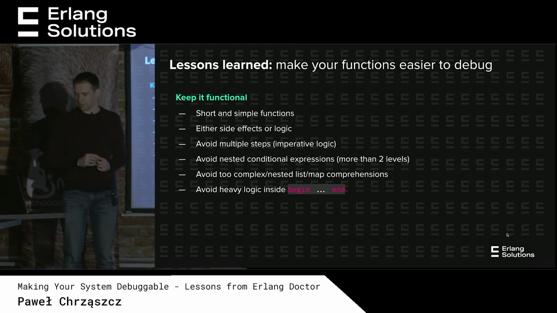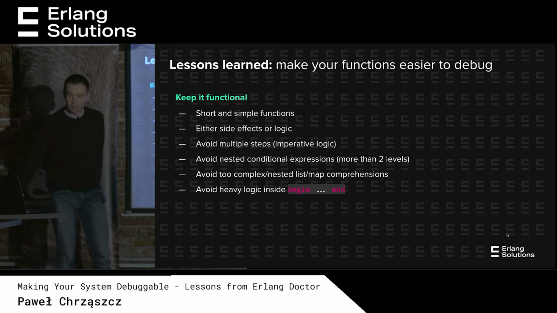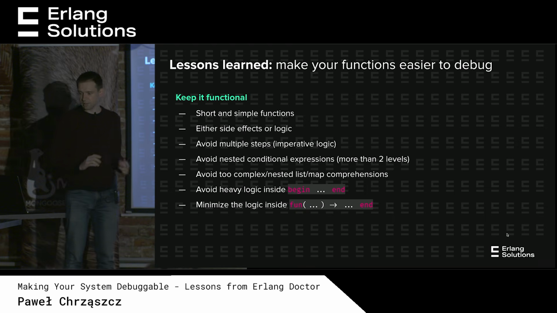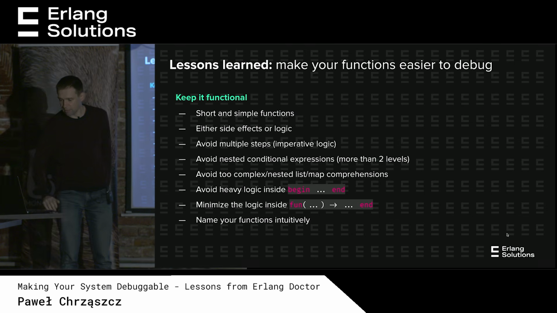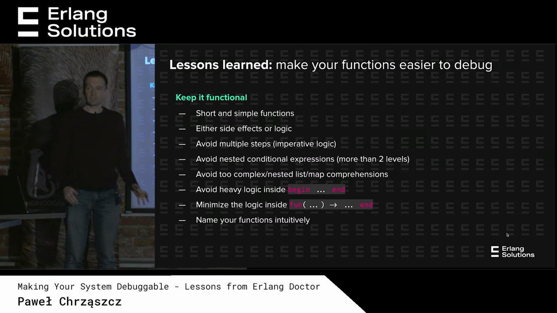And I'd avoid heavy logic inside nested begin end. If you have to do that, it's probably better to split it into functions. When you have the logic inside an unnamed function, it's difficult to trace it. So I'd name the functions intuitively so that you know where you are exactly when you know the name of the function.